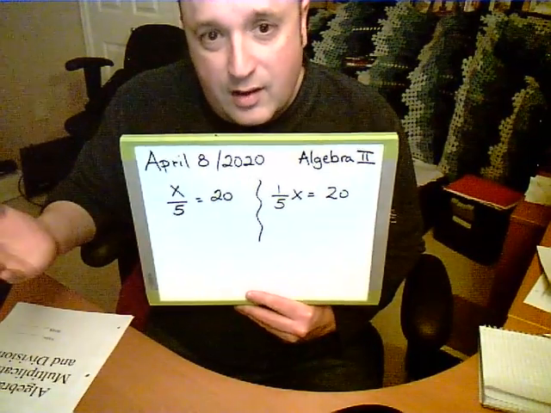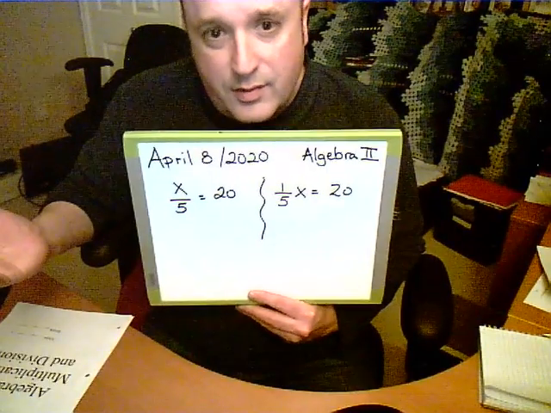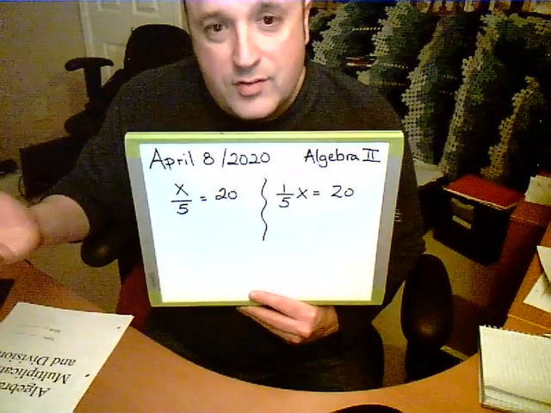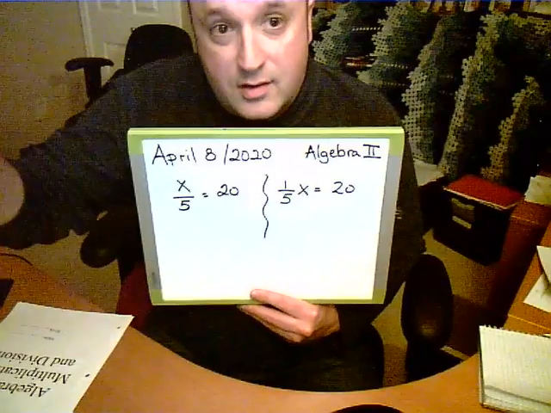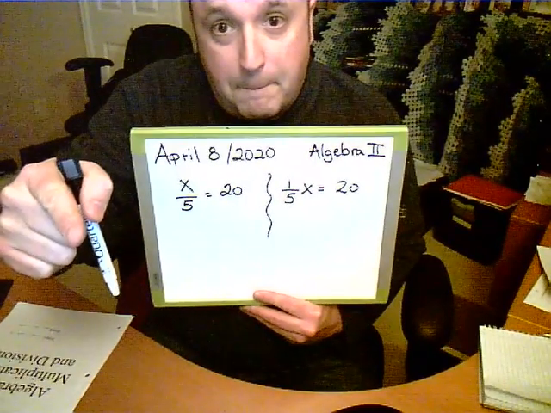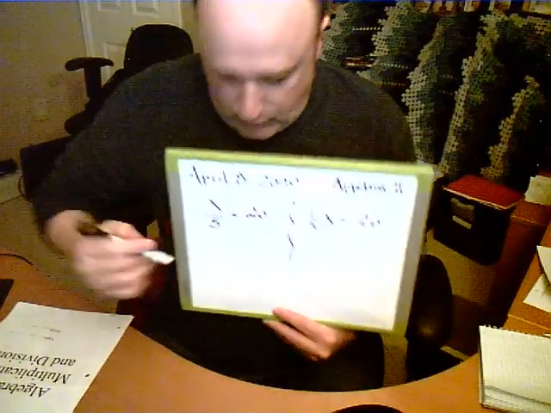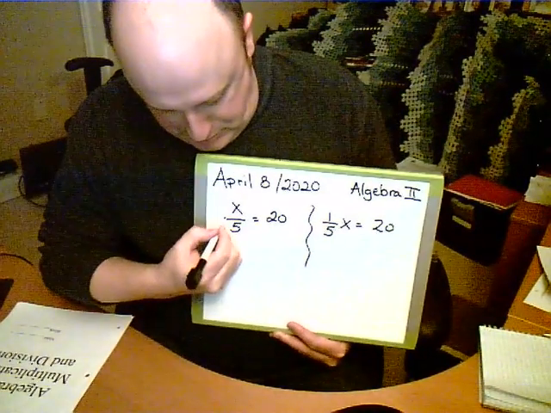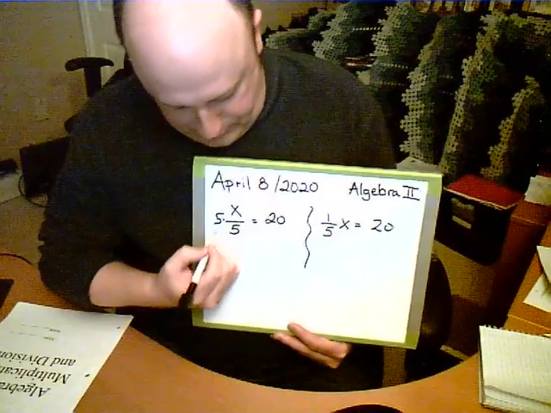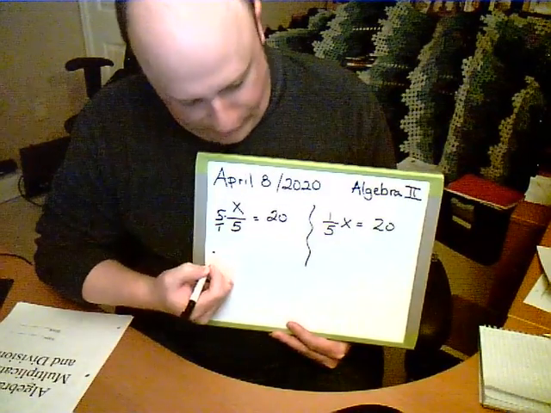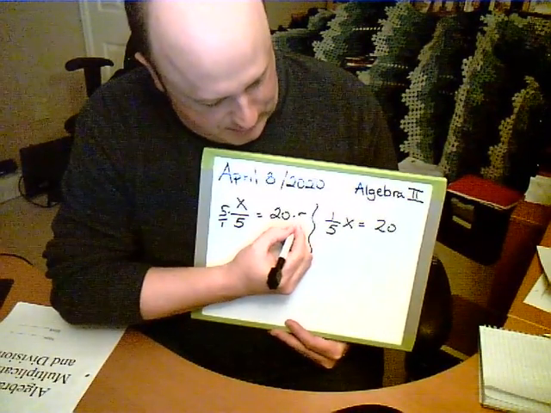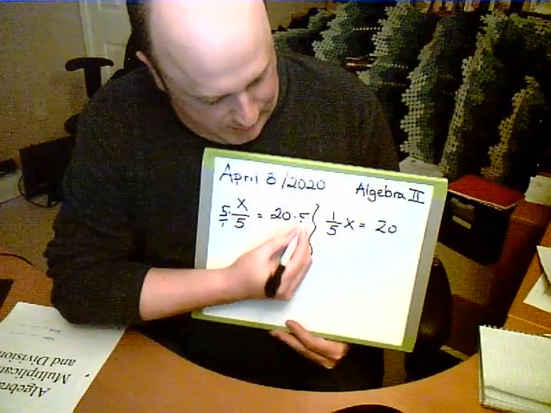So in order to do the algebra, you have to do the opposite. The opposite of divided by 5 is times by 5. You can write it as 5 over 1 if it helps, although most of the time it doesn't.